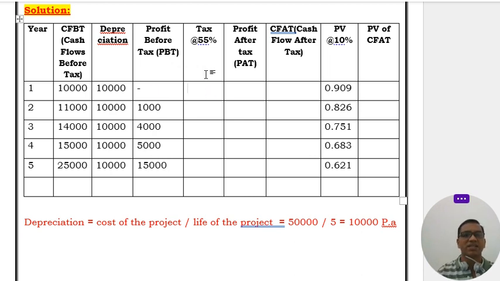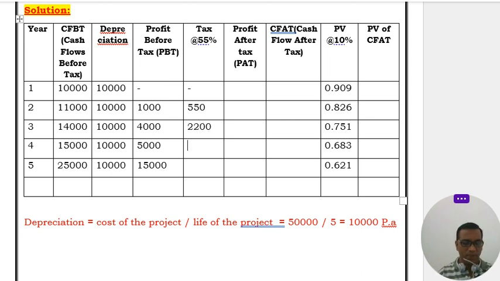And now tax at the rate of 55%. You have to calculate 55% on these profit before tax values. So 55% on nil is nil. 55% on 1,000 is 550. Next, 55% on 4,000 equals 2,200.